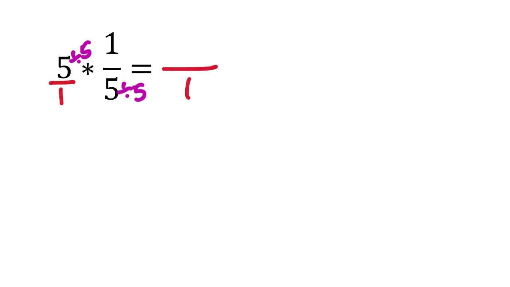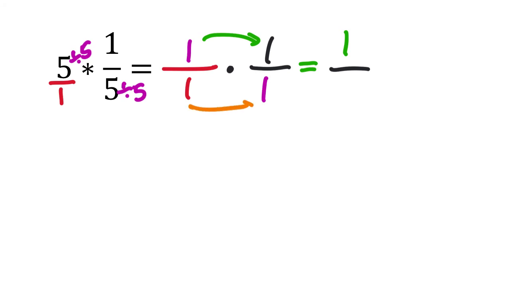So I'd have over 1, but now it's 5 divided by 5 is that numerator, 1. And then the other fraction, I have the 1 in the numerator already, but in the denominator, 5 divided by 5 is 1 again. And then, I'm going to show this a little different than we've done it in the past, but right here I'd say take your numerators and multiply them. 1 times 1 is 1 all over the denominator, 1 times 1 again, which is 1.